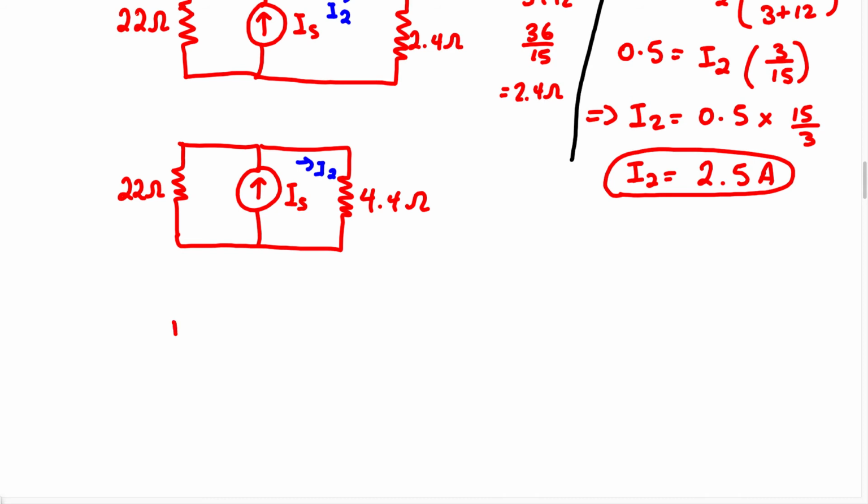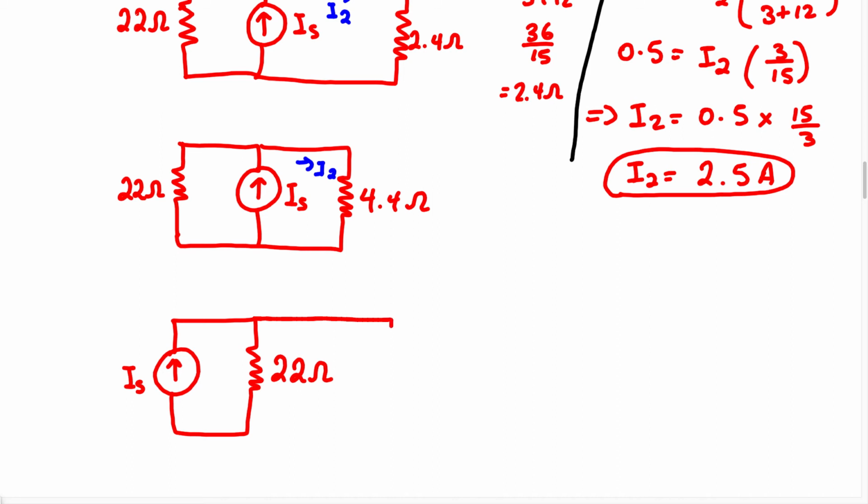So we have this current source here, which is IS. We have a 22 ohm resistor that's going to be in parallel with that current source. And then we have a 4.4 ohm resistor that's also in parallel with that current source.